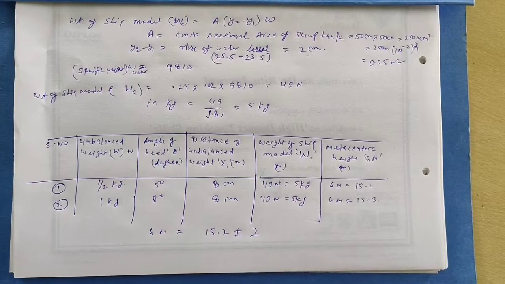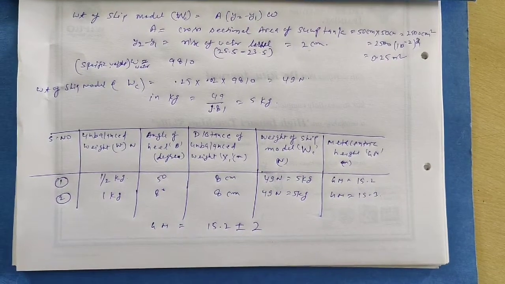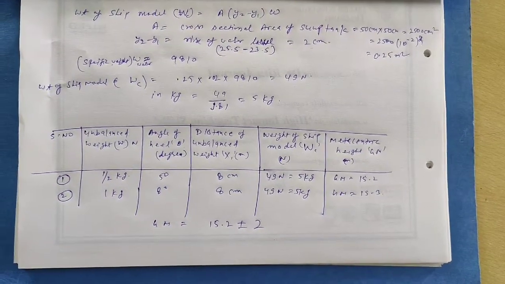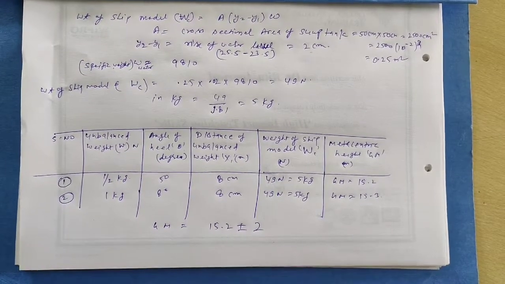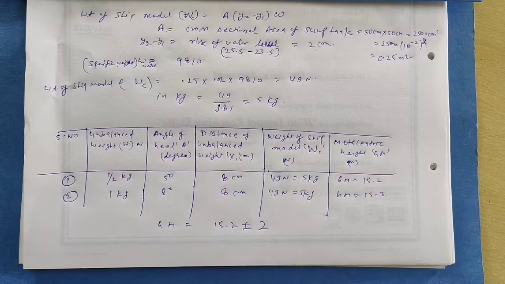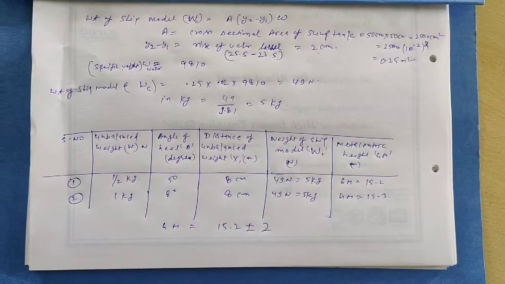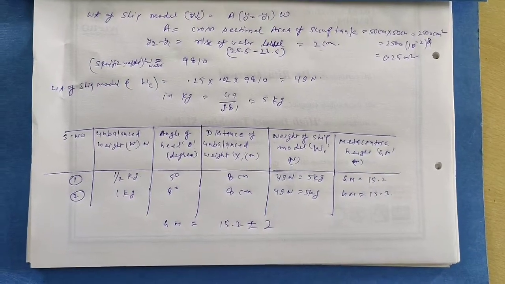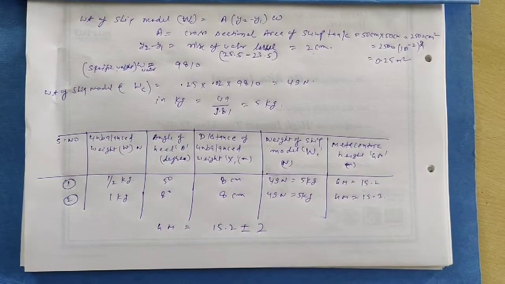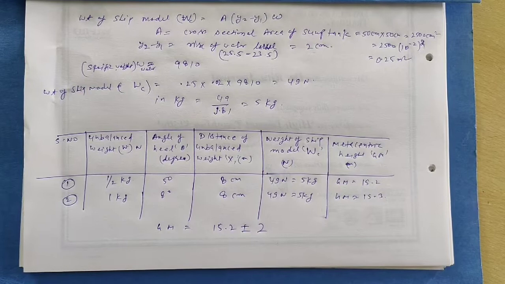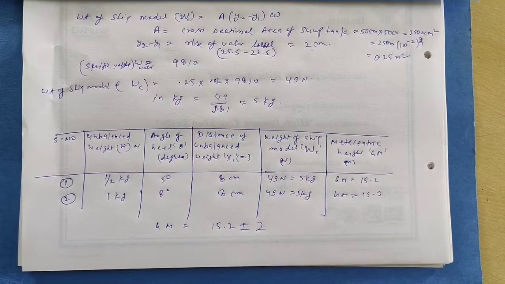The final reading after placing the ship model in the sump tank is y2, and the initial reading before placing the ship model is y1. The difference, the rise in water level, y2 minus y1, is 25.5 minus 23.5, that is 2 centimeter.